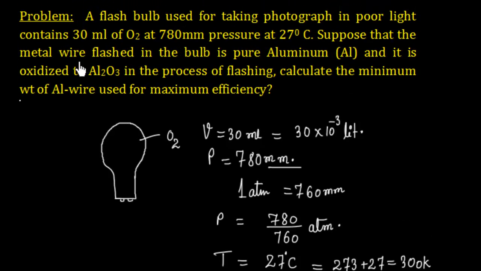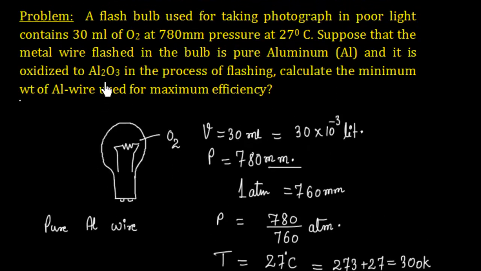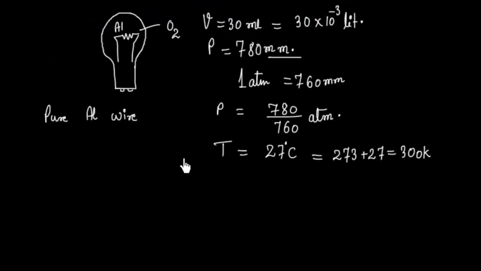Now suppose that the metal wire flashed in the bulb is pure aluminum. So the flash bulb contains pure aluminum wire, and it is oxidized to Al2O3. So aluminum, that is the wire, reacts with oxygen and forms Al2O3.